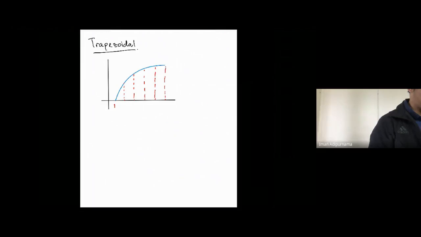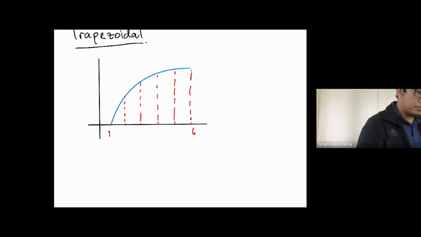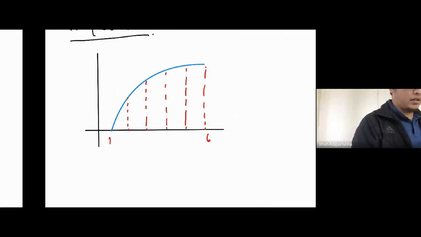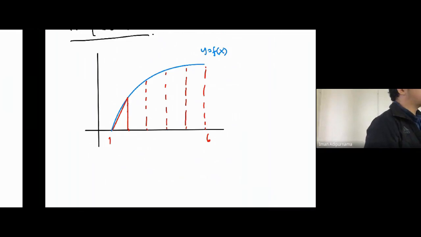Let's say this is 1 and this is 6. Let me zoom this out. Let's say this is our function here. Trapezoidal means we are making not rectangles, but trapezoids.